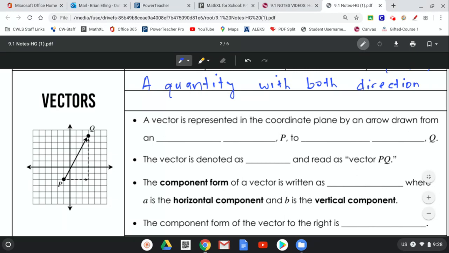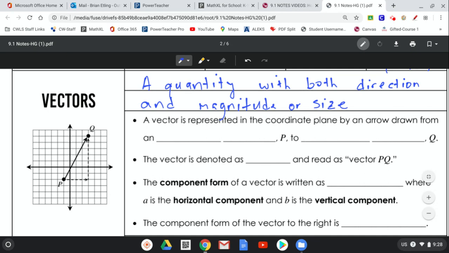Okay, so what direction is it moving in? And so it has a direction and a magnitude. Magnitude could also just mean size. So magnitude or size.